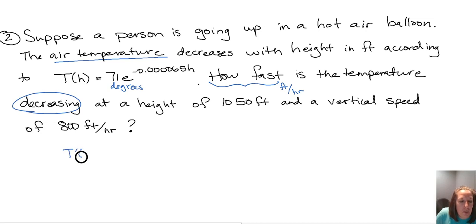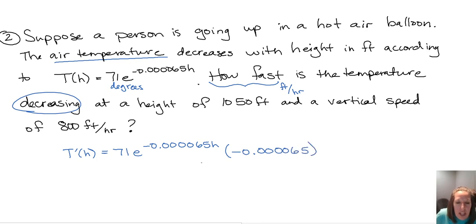If we find the derivative of our t function, we get 71 times e to the negative 0.000065h times the derivative of that exponent, which is negative 0.000065. Let's go ahead and pull the calculator out on this one.